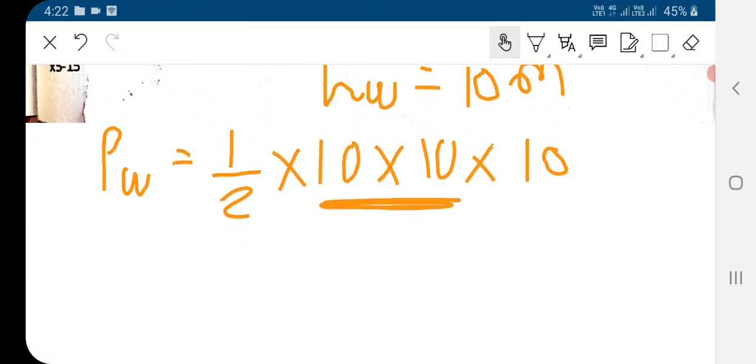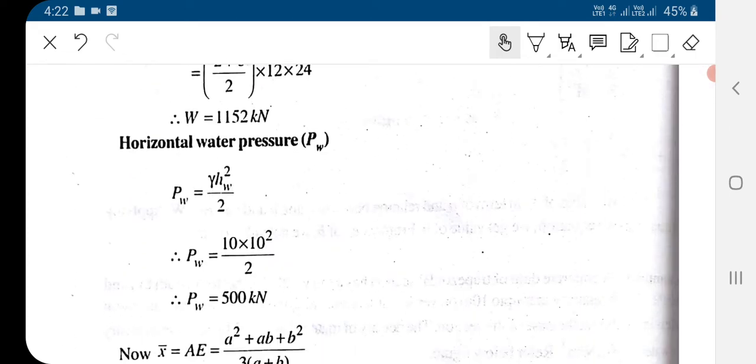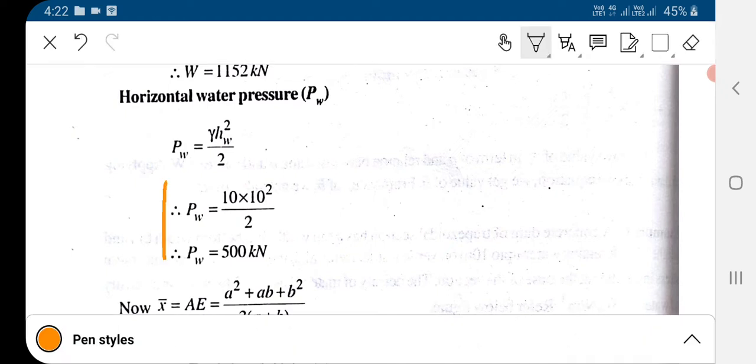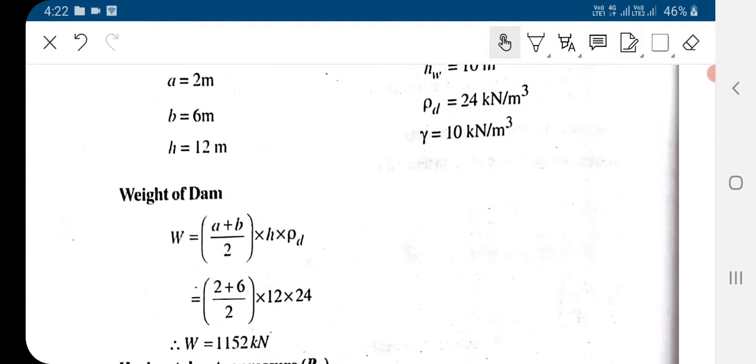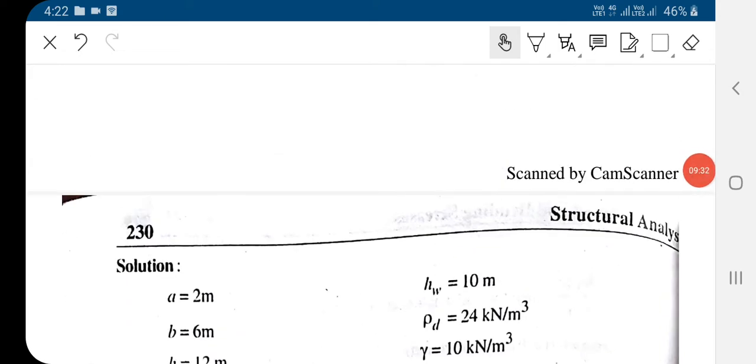So this total pressure will become 10 into 10 square divided by 2. It will come out as 500 kilonewton. Okay. So we have found out the water pressure.